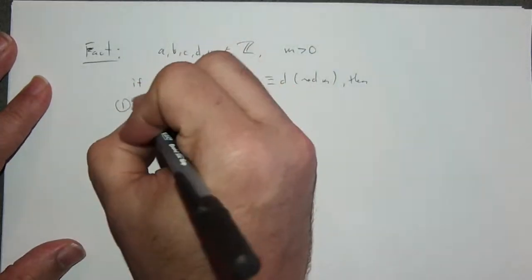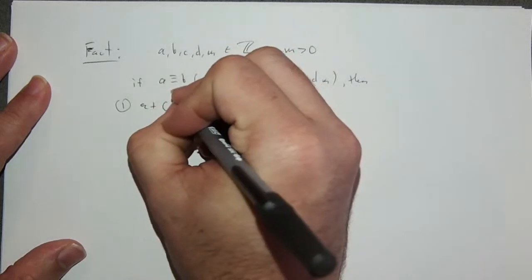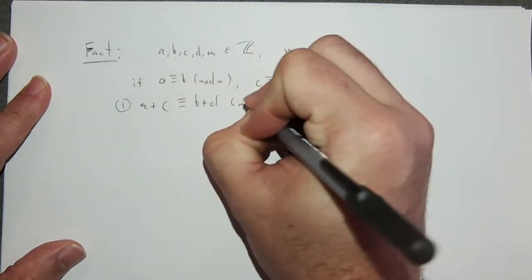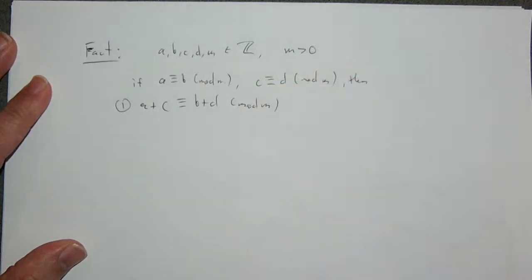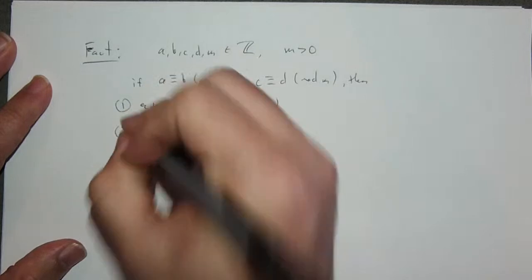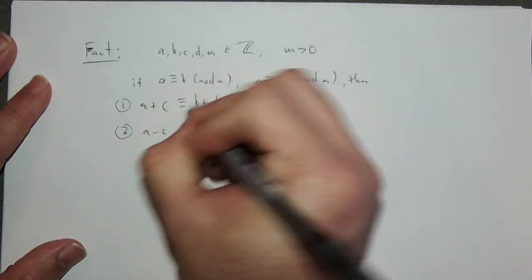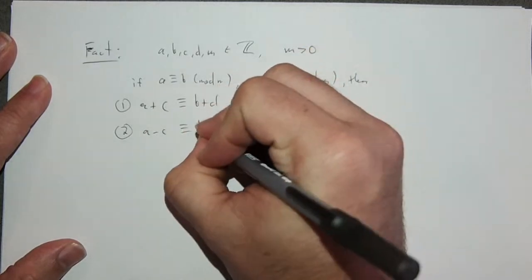So one, A plus C is congruent to B plus D mod M. So you can add those two congruences in a way that you would add equations. Similarly, you could subtract the two congruences.